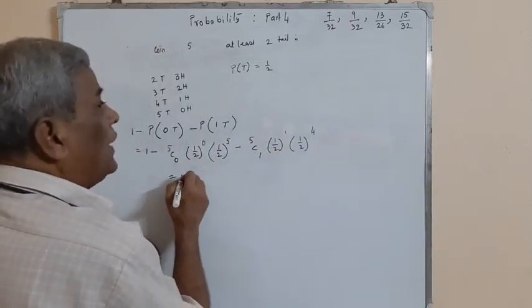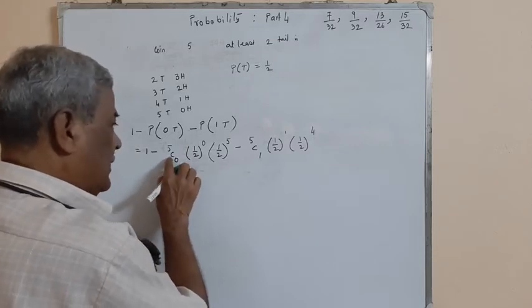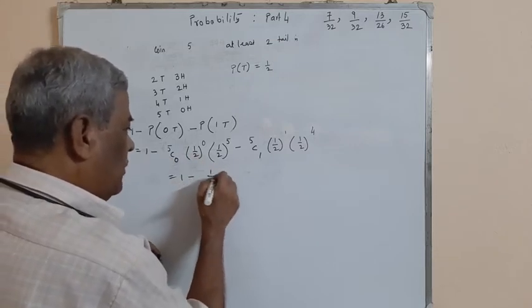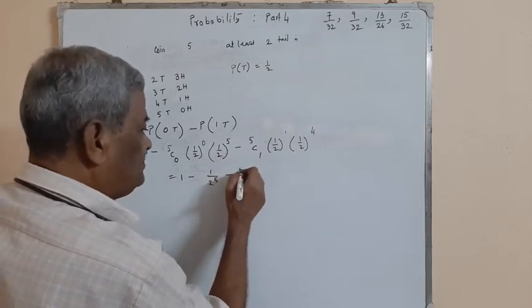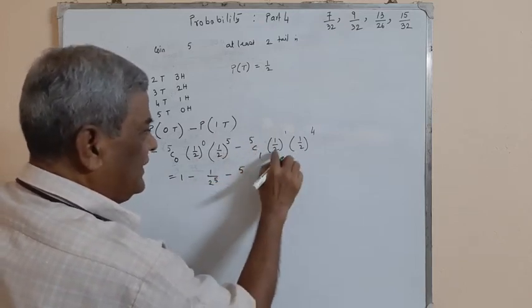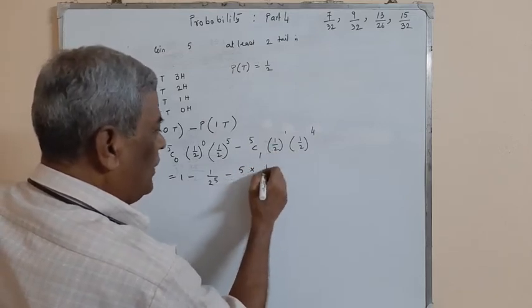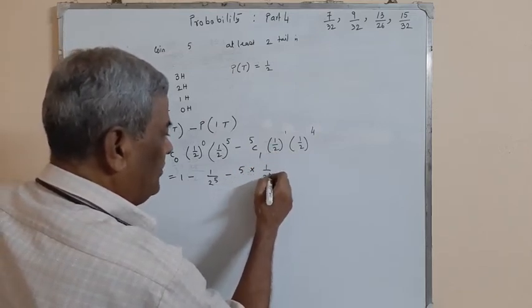So it is equal to 1 minus, this is 1, this is 1/2 to the power 5, minus this is 5, and together they make 1/2 to the power 5.